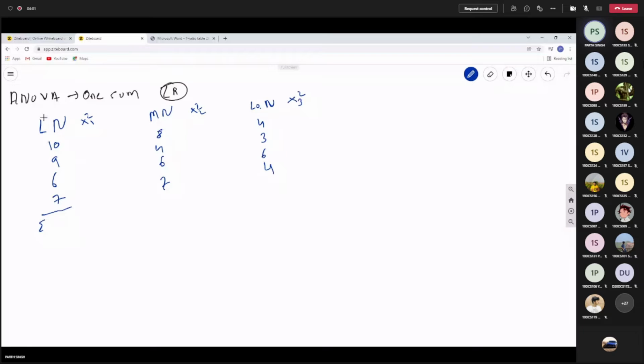This is our x1, this is my x2 and this is my x3. यहाँ पे मैं summation लूँगा, summation of x1 which will be equal to this, and similarly here also summation of x2 and summation of x3.